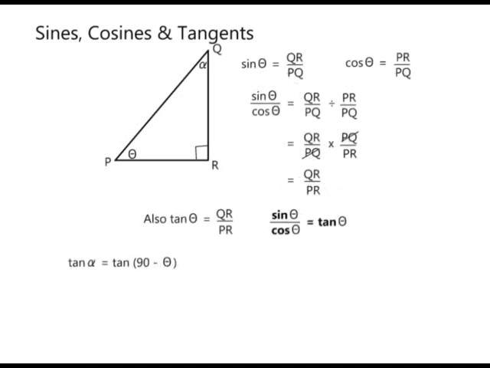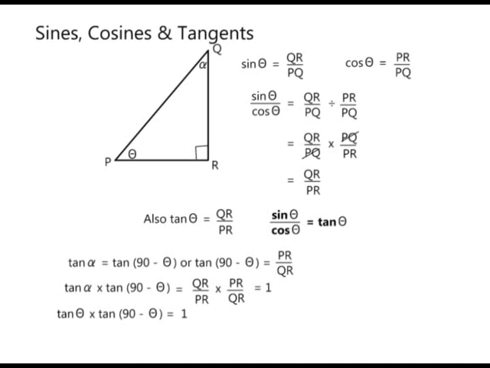Tan alpha is equal to tan of 90 minus theta, or tan of 90 minus theta is equal to PR over QR. Multiplying these two tangents, we get tan alpha times tan of 90 minus theta is equal to QR over PR times PR over QR, which gives us 1. And therefore tan theta times tan of 90 minus theta is equal to 1.